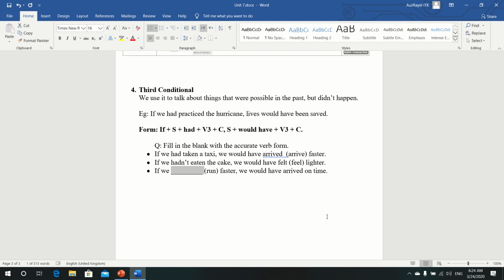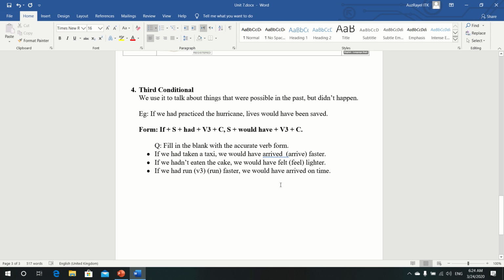It says, if we had run, and run here is actually verb 3, not verb 1. Okay? If we had run faster, we would have arrived on time.